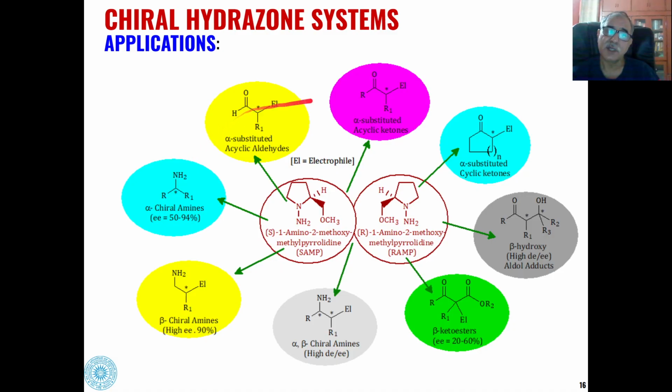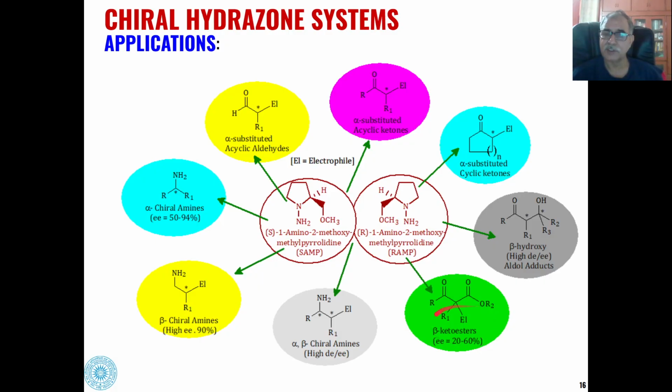So these are some of the common applications of SAMP or RAMP for the synthesis of different types of asymmetric organic compounds. We can synthesize alpha substituted acyclic ketones through these types of reactions, or we can synthesize alpha substituted cyclic ketones which are asymmetric in nature using these types of chiral hydrazone or chiral auxiliary. Then aldol condensation can lead to formation of beta hydroxy products of this type.